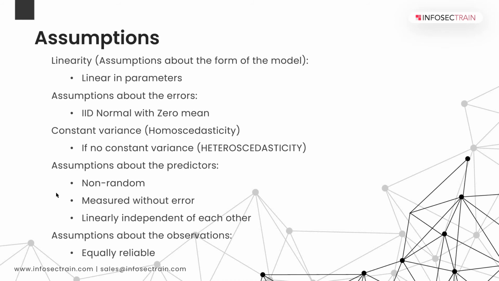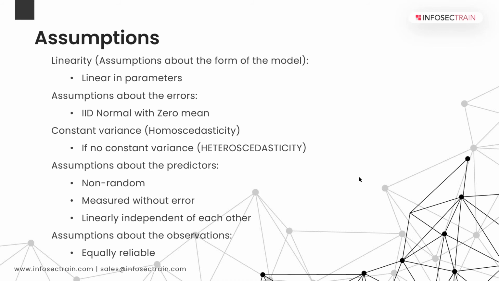Then errors should follow the normal distribution with zero mean and a standard deviation, that is IID, identically independently distributed. Then our error variance should be constant, meaning equal variance, that is homoscedasticity.